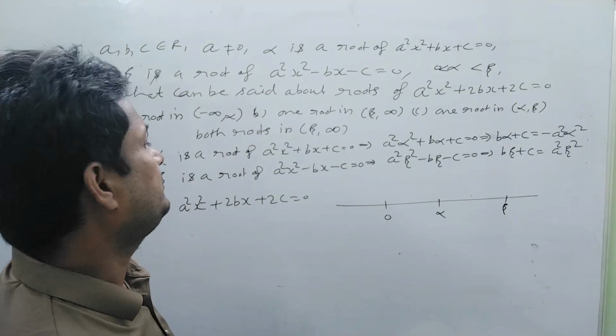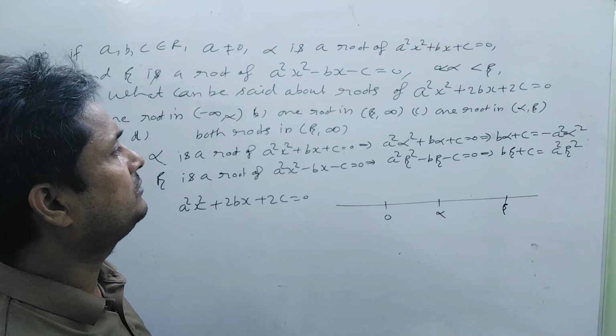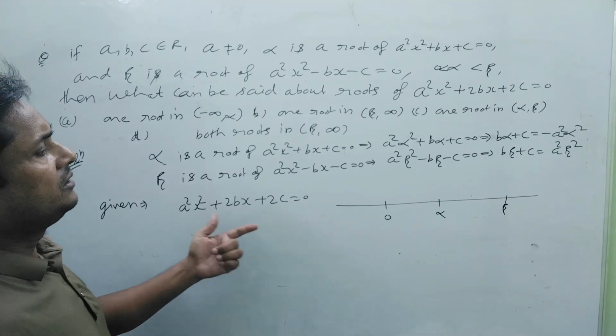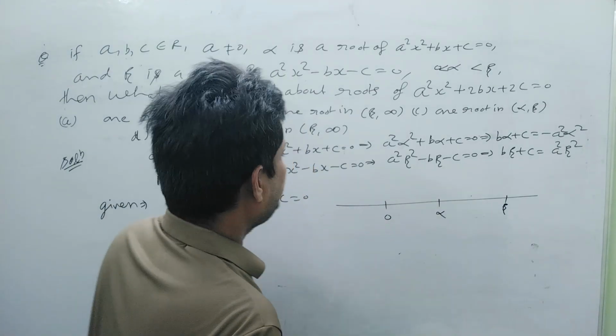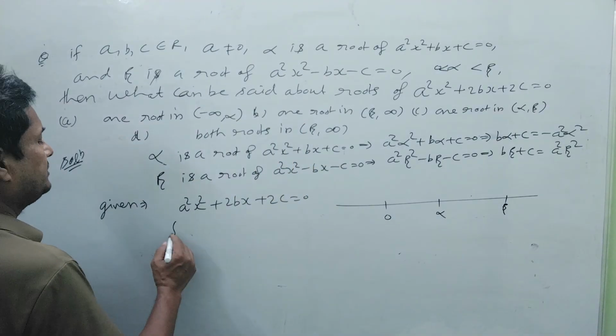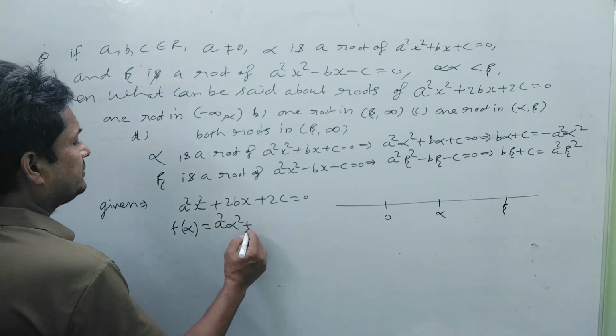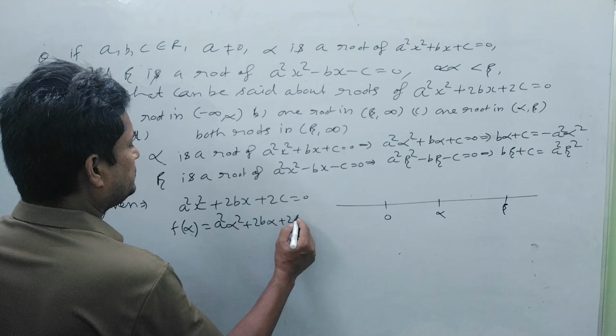So first of all, find out the value of f of 0 from here. Find out the value of f of alpha and f of beta. Let's say here f of alpha. It will be a²alpha² + 2b alpha + 2c.